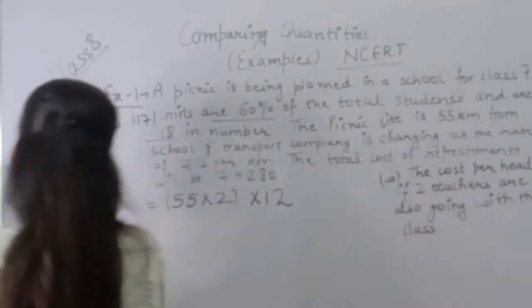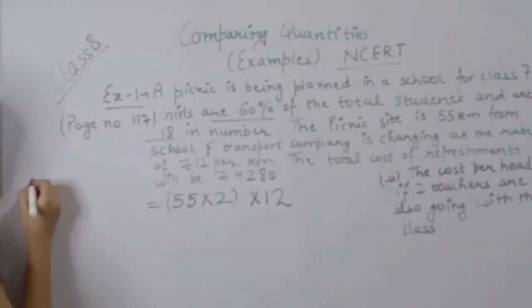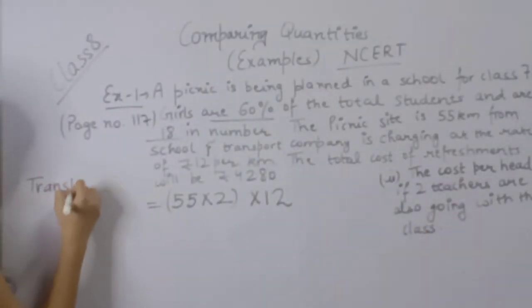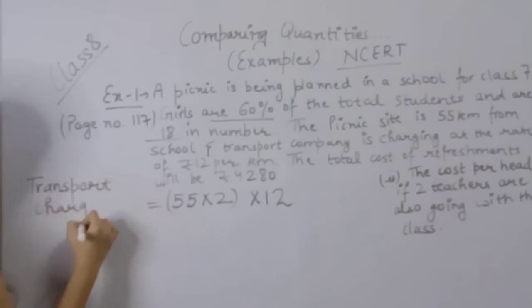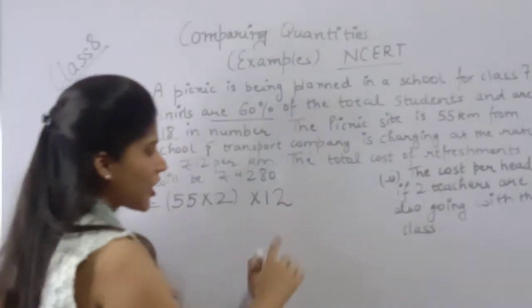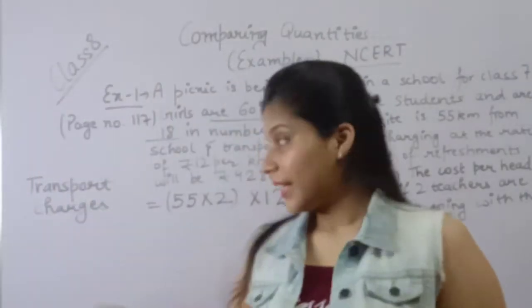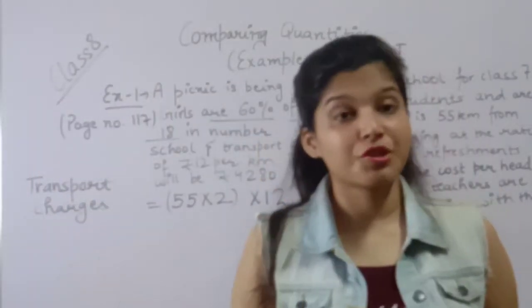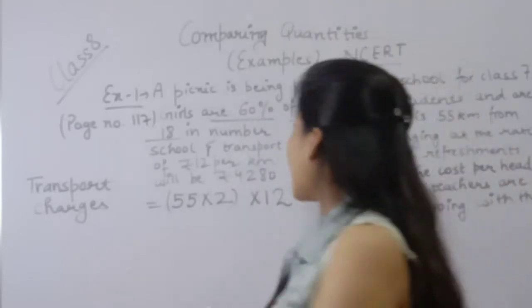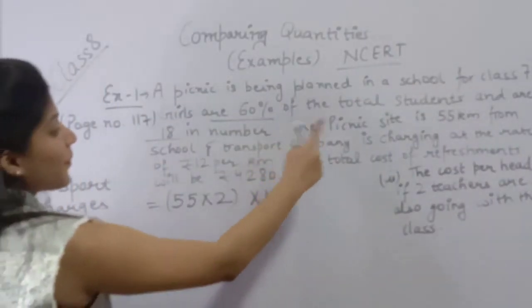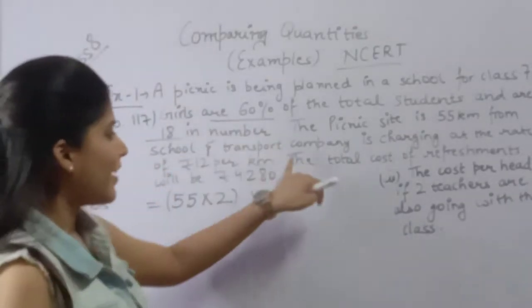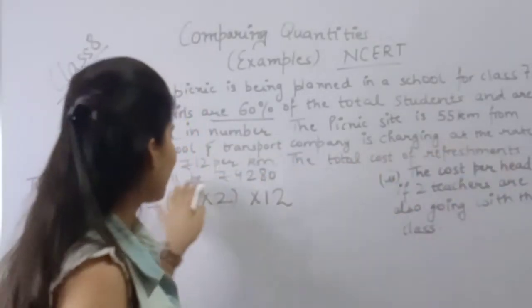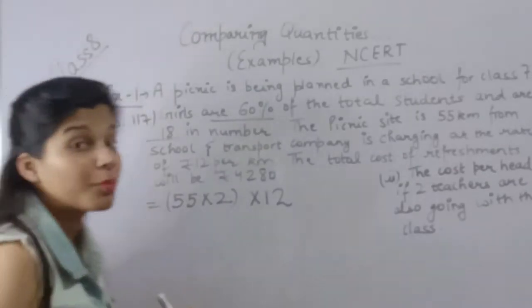So we will get what? We will get our transport charges. These are the transport charges. After calculating this, we will add the refreshment charge in this as well. Why? Because the question says the picnic site is 55 kilometer away from school and transport company is charging at the rate of rupees 12 per kilometer.